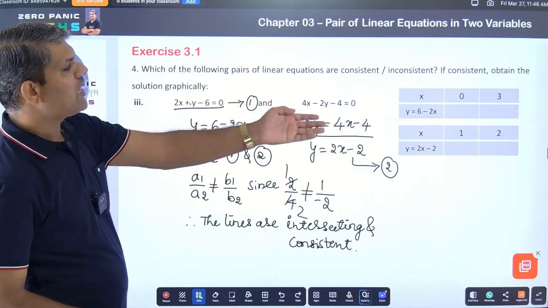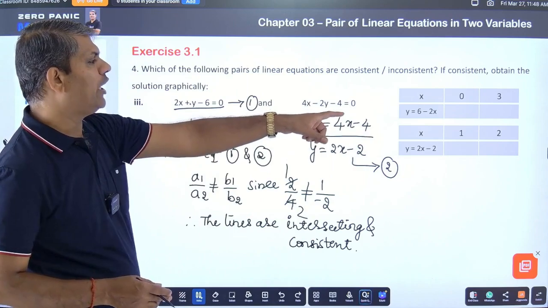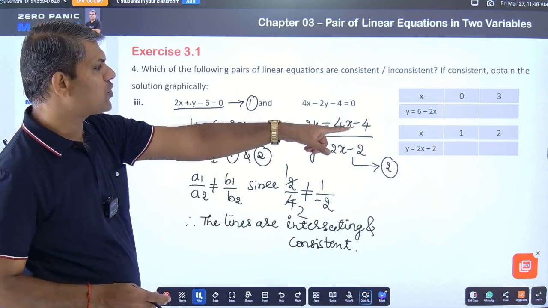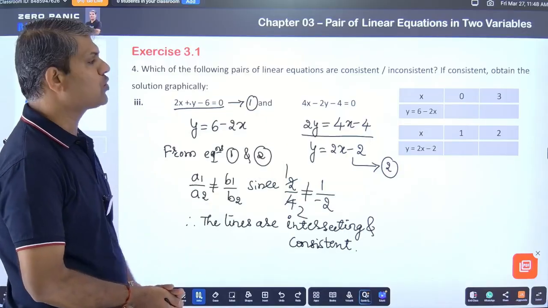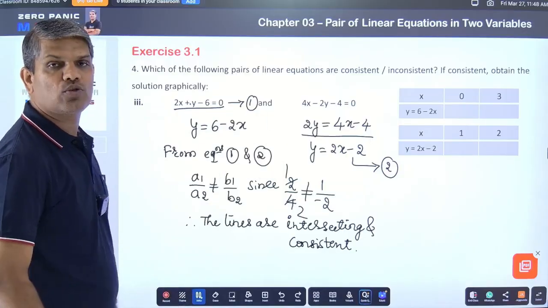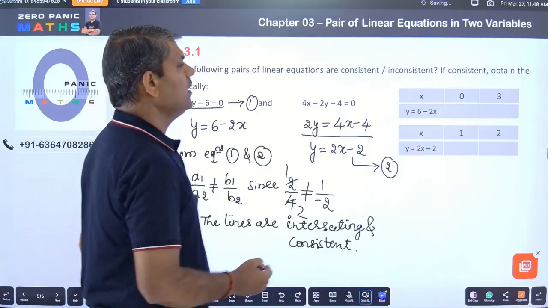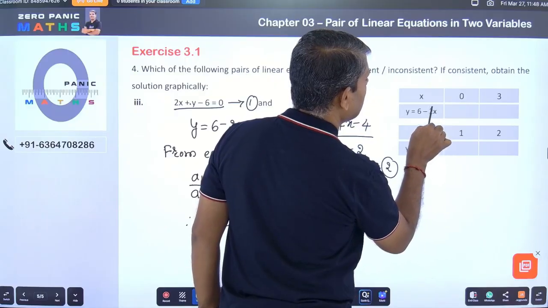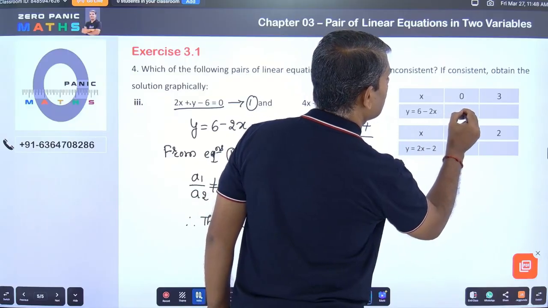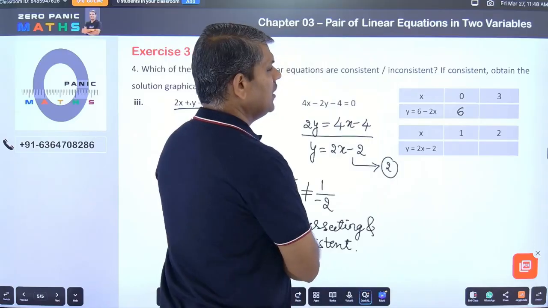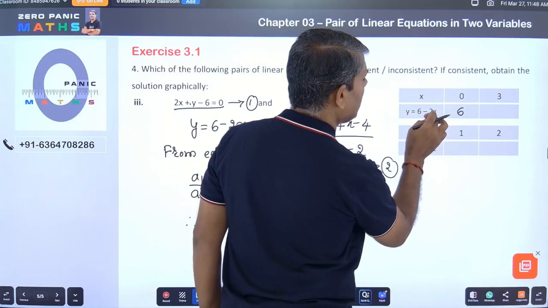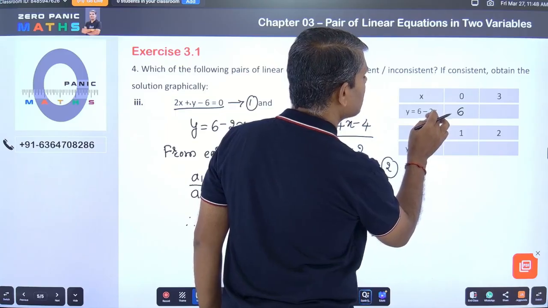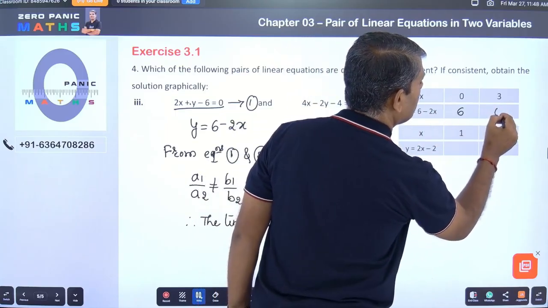Okay, let us put some small values into y is equal to 6 minus 2x and y is equal to 2x minus 2, and identify some coordinates to draw the graph. Now if I put 0 in place of x, the second term becomes 0 and I will get y as 6. If I put 3 in place of x, 2 threes are 6 and 6 minus 6 gives me 0.